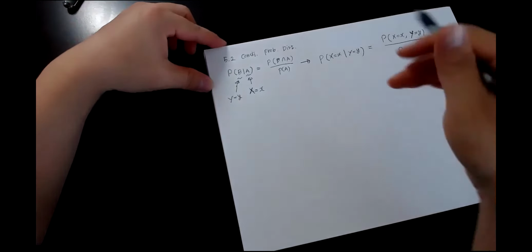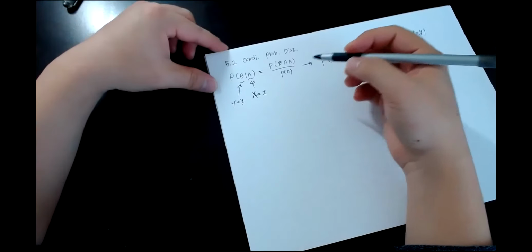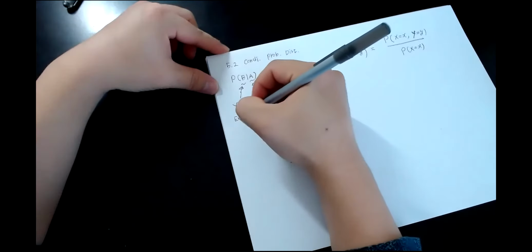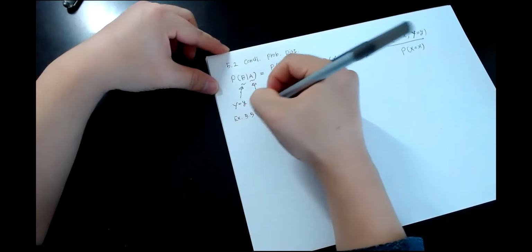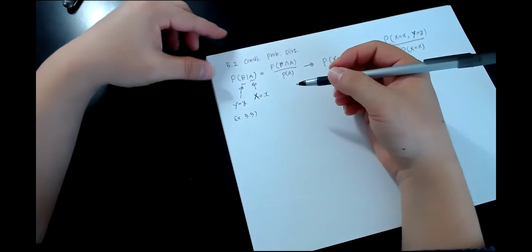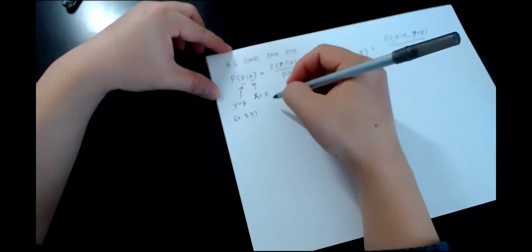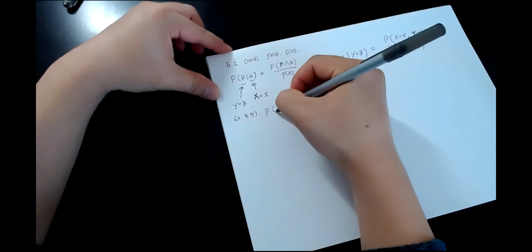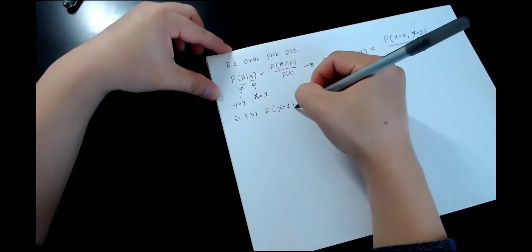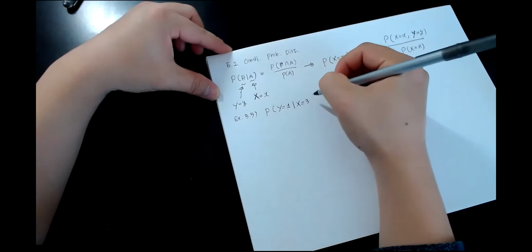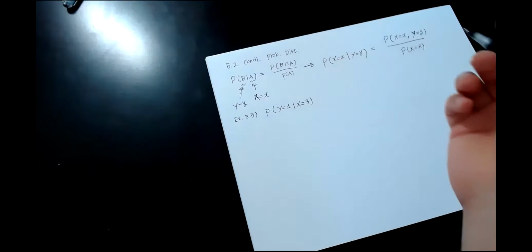The problem asks you to find the probability that Y is equal to 1 given X equals 3.